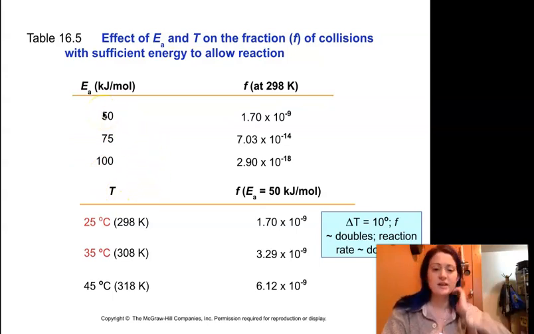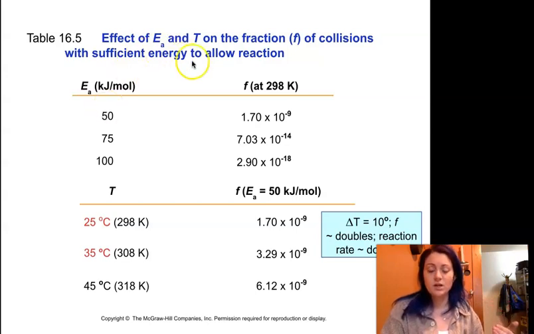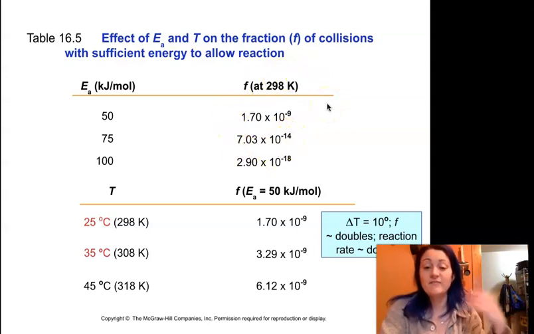As you increase activation energy, even by just 25 kilojoules, you decrease the frequency of those effective collisions by a factor of 5. So by 100,000 times, you decrease the likelihood of those collisions. Whereas temperature, when you increase the speed of those collisions, varies by a multiplication factor.